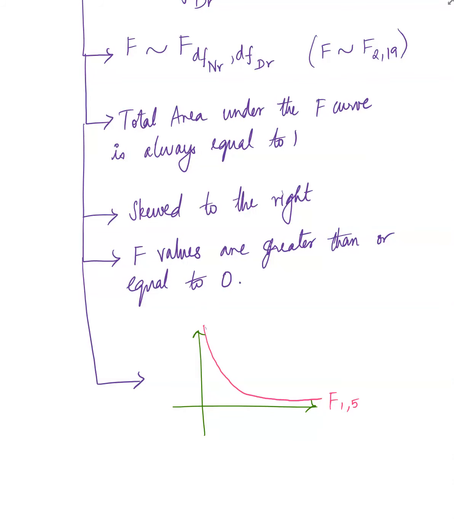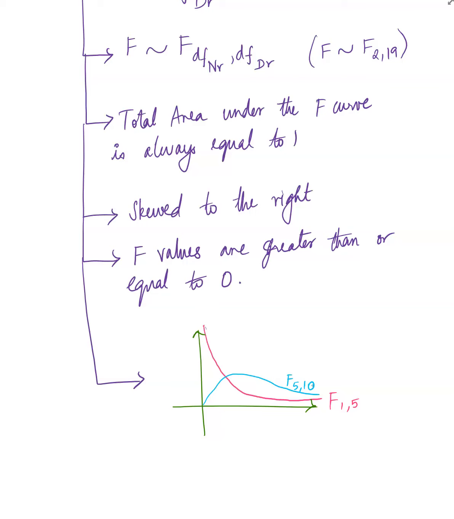And then if you had something like that, it could probably go down. The blue one would be F 5, 10. So you can see that with a little more degrees of freedom, you are able to get the curve beginning to look more like a bell shape, but it's still not sufficient.